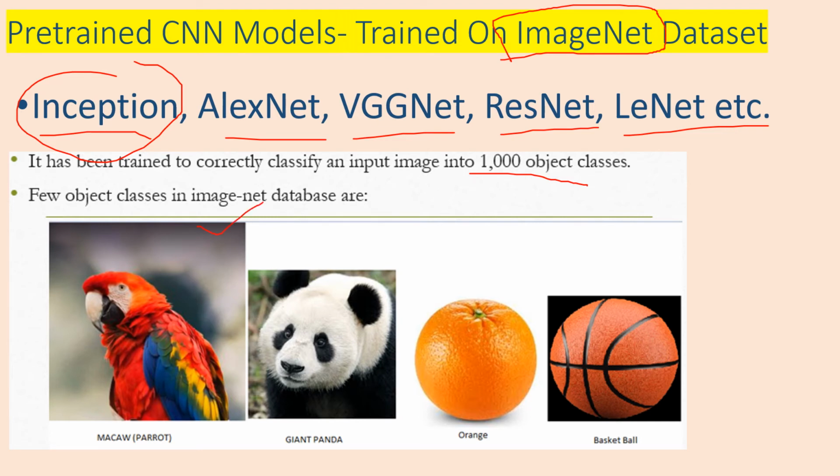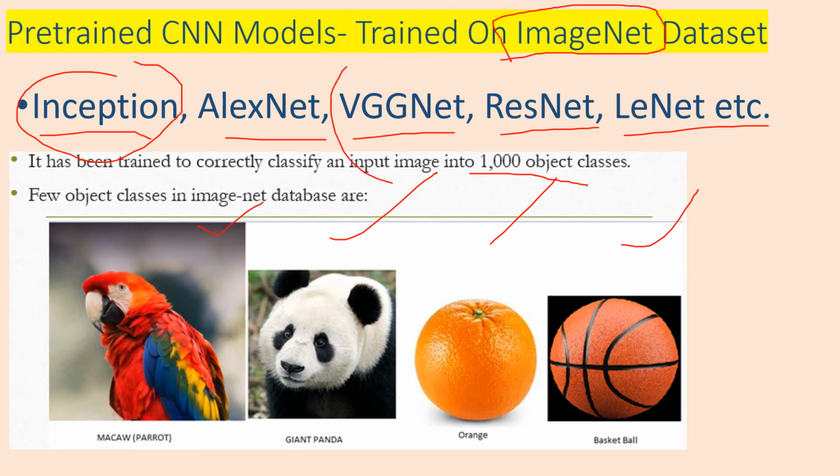Some of the images which these pre-trained CNN models can classify are shown here. You have different categories, like birds, animals, fruits, sports equipment, etc. In order to start building your CNN model, you need to pick one of these pre-trained CNN models, let us say Inception. Inception again has several versions: you started with version 1, V1, then V2, V3, and similarly V4.